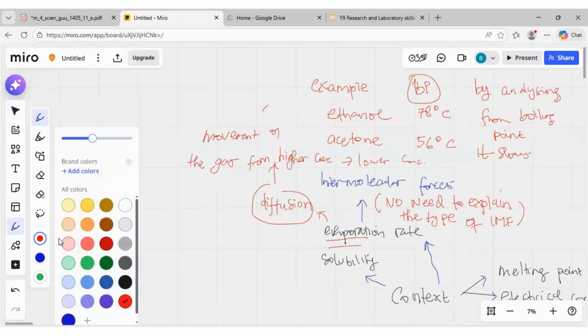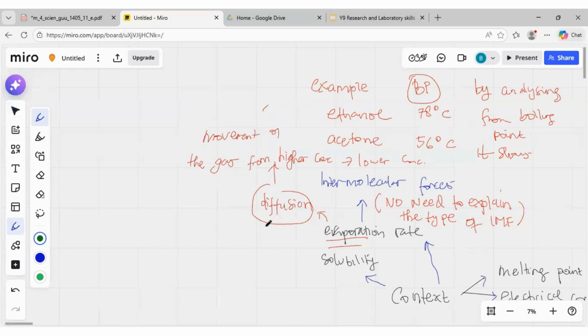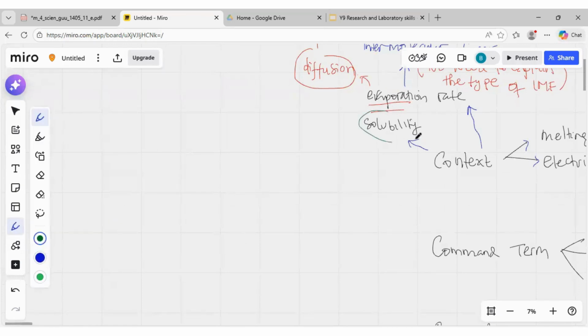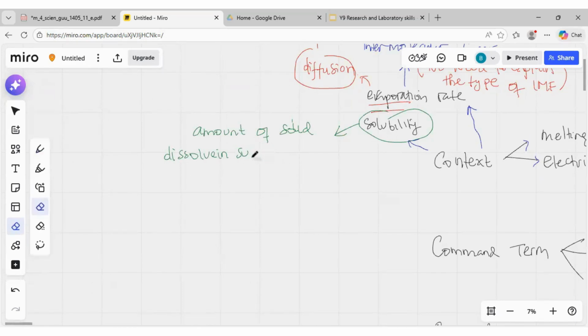intermolecular forces. Now let's go to the last part, which is the solubility. For solubility, how do we do it? Remember, solubility is about amount of solid dissolved in solvent.